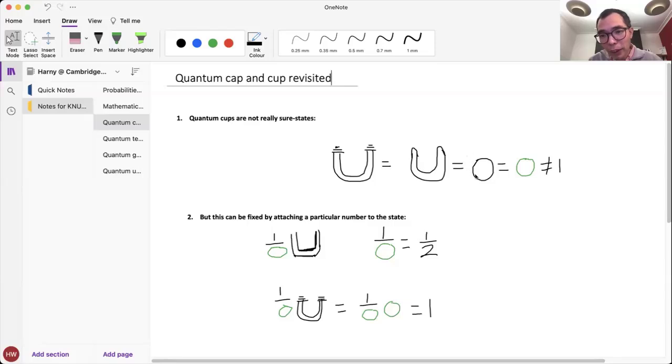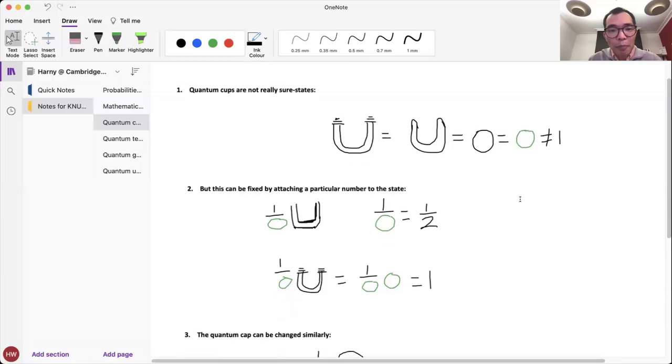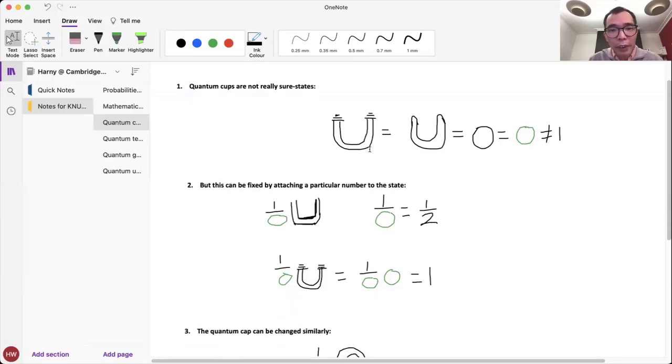As we said, a circle is a single cap and a cap. They are special green, right? A green cap and a special green spider. So it becomes a green spider with phase 0. As we said, this is 2. So it's not 1. By definition, the quantum cap is not the short state, but it's very easy to fix this problem.